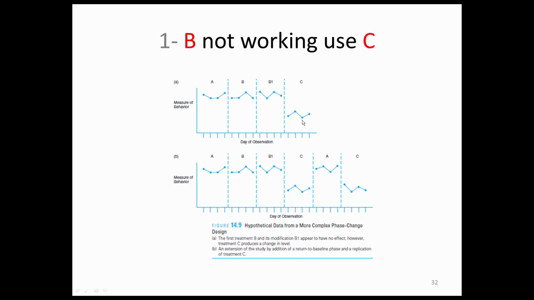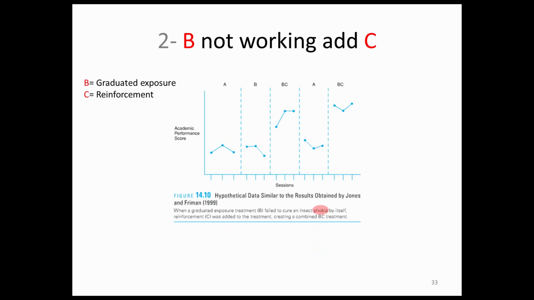So you have sort of flexibility when you're dealing with an individual subject or participant. A different version of the ABAB design is that when your treatment doesn't work, instead of changing it to a different treatment, you add a second treatment to your first treatment.